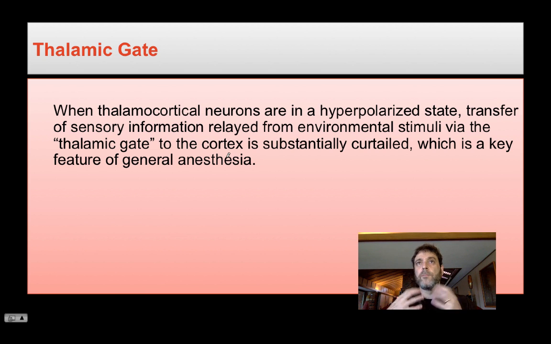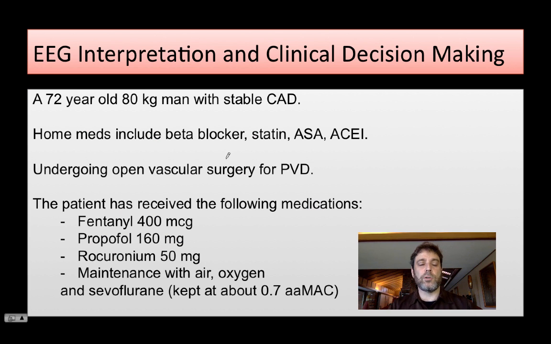So if the thalamus is an important relay station, when its cells are hyperpolarized, you can imagine how that could lead to information transfer being prevented and possibly also consciousness being impaired. And that might be a key feature of general anesthesia. And the extent to which general anesthesia is a top-down or a bottom-up process is, I guess, somewhat controversial.